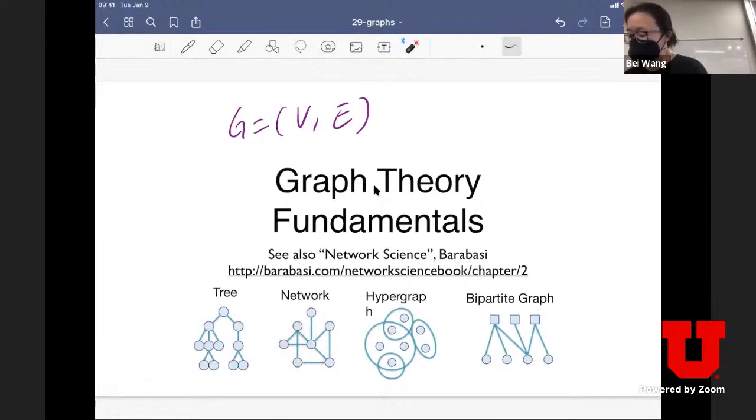There's also the definition of a hypergraph, which is a generalization of a graph. If I were to denote a hypergraph, it has a set X, which would be the set of nodes as before, but Y is really a set of sets, where each element in Y is a subset of the nodes.